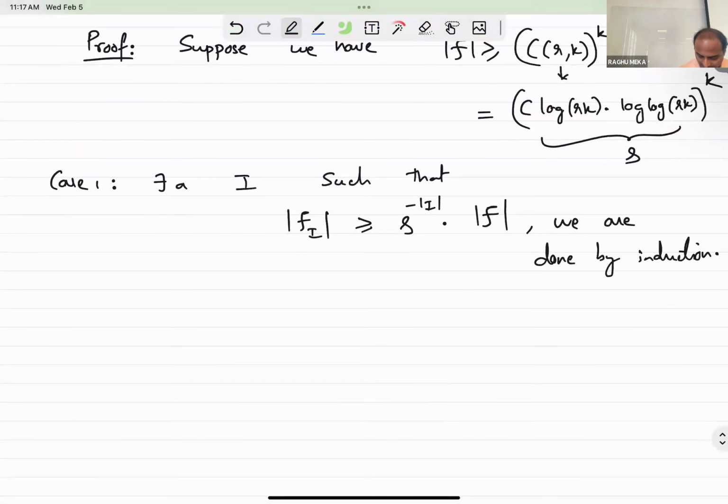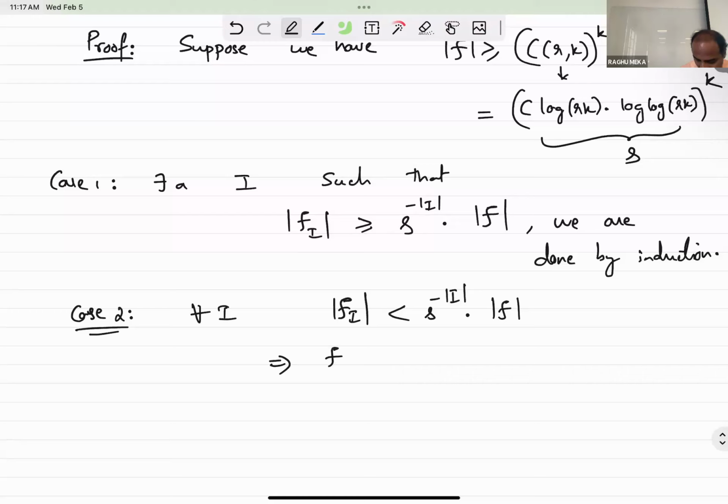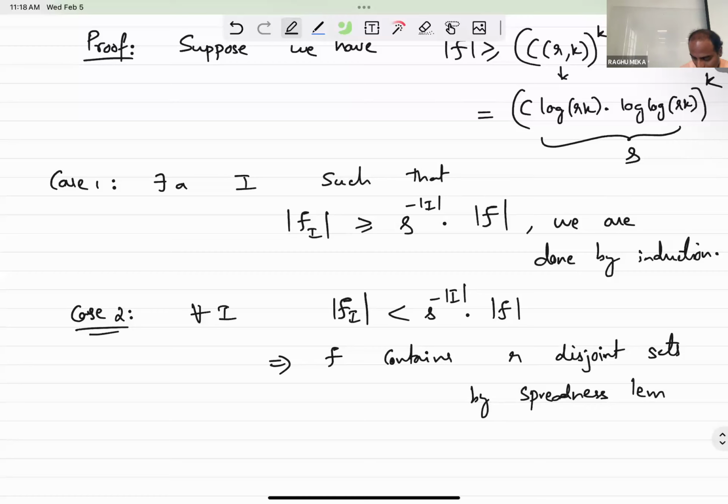Case two, for all I, you have this, which implies F contains R disjoint sets by the spreadness lemma. Okay, I'm just writing down the inductive step.